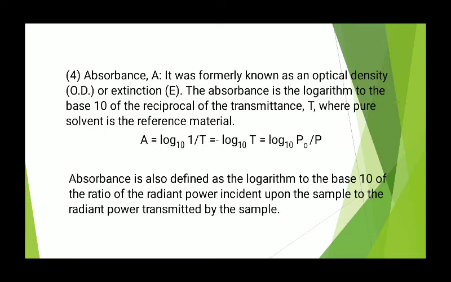Therefore, A is equal to log to the base 10 of 1 upon T, which is equal to minus log to the base 10 of T, and transmittance is P upon P0. When we remove the negative symbol, it becomes log to the base 10 of P0 upon P. Absorbance is also defined as the logarithm to the base 10 of the ratio of radiant power incident upon the sample to the radiant power transmitted by the sample.